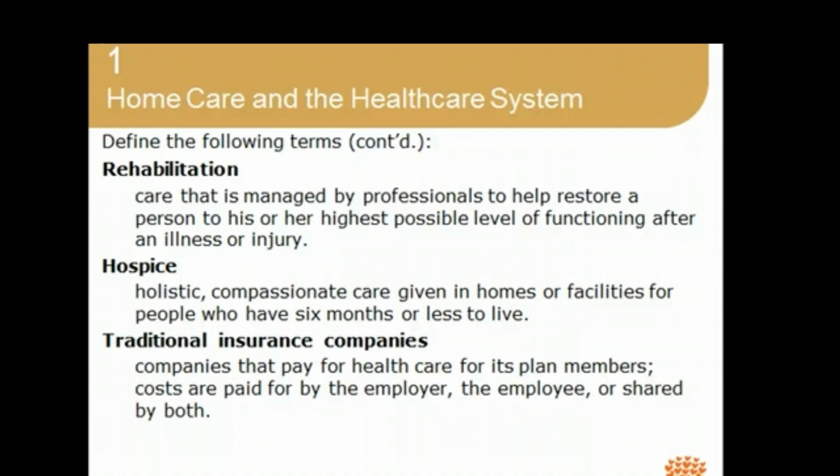Hospice, I wanted to point out because that can happen either in a hospice environment or at the home. So this is care with the last stage of life, helping the client through the death process and often helping their family through that process as well. So lots of different types of providers work with hospice patients, and the goal there is to try to help them be as comfortable as possible as they transition in this phase.